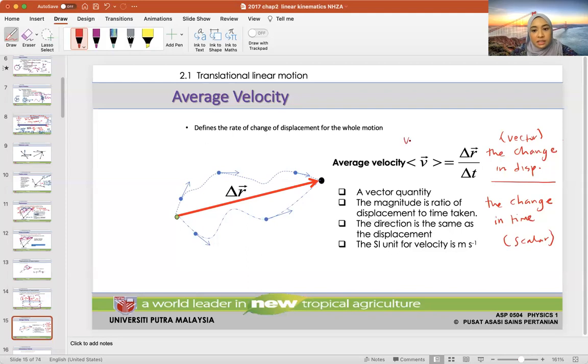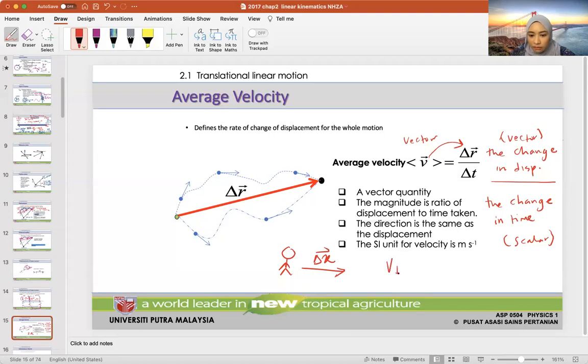We already learned this in chapter 1. Your direction of a vector typically follows the vector inside the equation. In this case, velocity follows the direction of the displacement vector. In Daphne's case earlier, Daphne was walking to the right. Walking to the right, this was her delta x. It's a vector. So her displacement, her velocity.